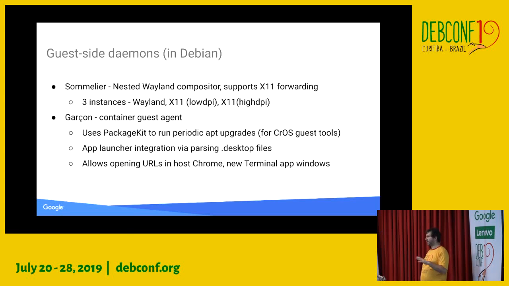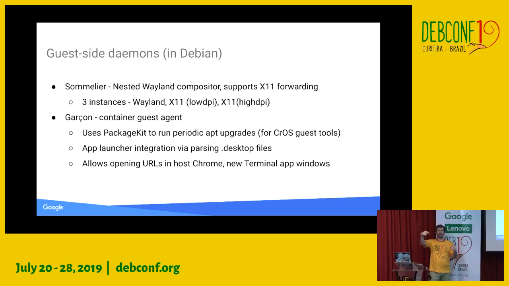In Debian, we had also a couple of changes, but it's literally just two extra pieces of software, right? One is this Wayland compositor that will draw windows, passing them on to the Chrome OS side. And then we have a guest agent that is helpful for us to call into it.